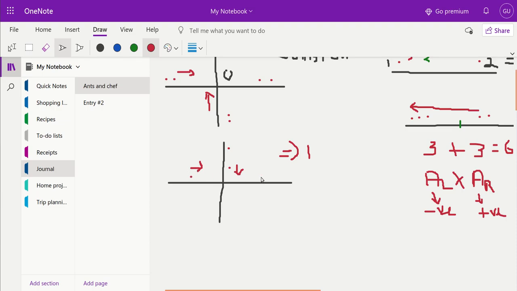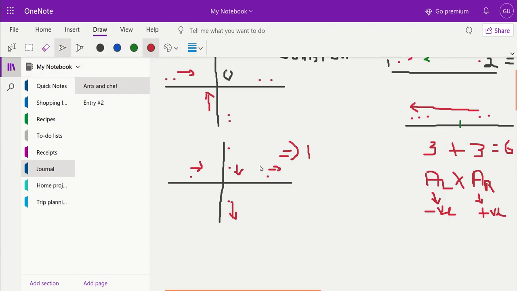So this ant right over here moves here and this ant moves here. So this gets removed and this gets removed. Okay, so now there are no more collisions, but the question says that the ants reverse the direction.